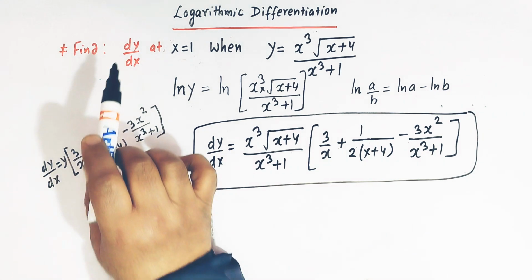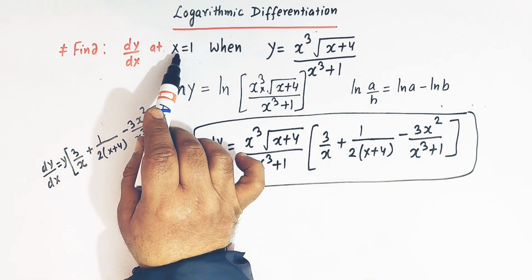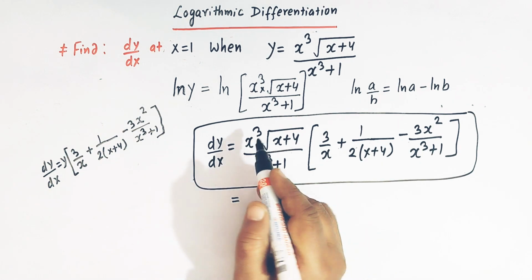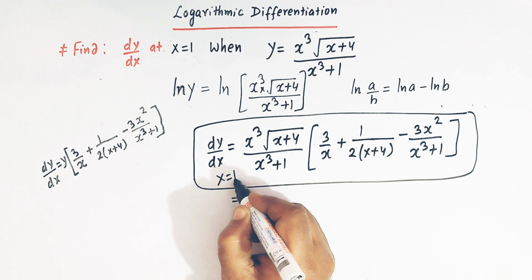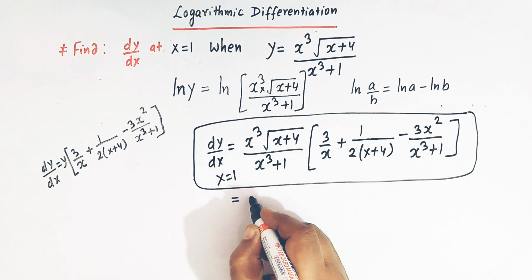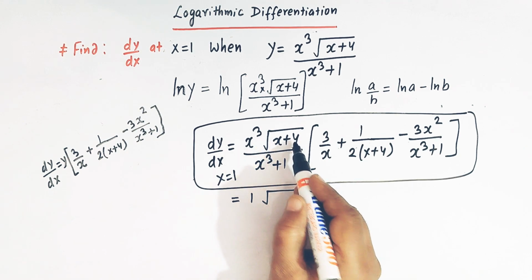Now we have to find the derivative, that is dy over dx at x is equal to 1. So what we will do, we will take x is equal to 1 in this expression. So here we have 1 cube is 1, then we have square root of x plus 4.